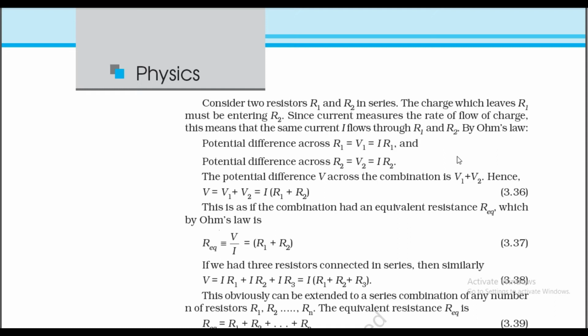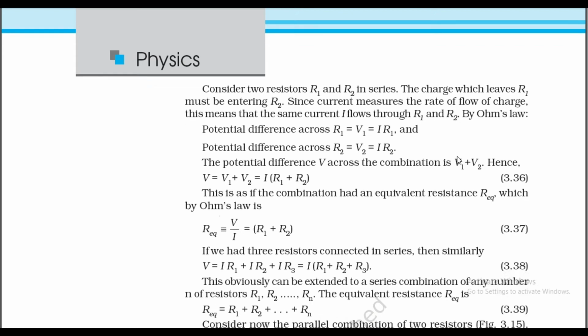The potential difference V across the combination is V1 plus V2, hence V is equal to V1 plus V2 is equal to I times R1 plus R2. This is as if the combination had an equivalent resistance R_eq, which by Ohm's law is R_eq is equal to V divided by I is equal to R1 plus R2.